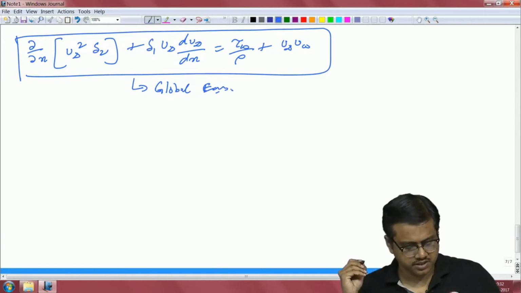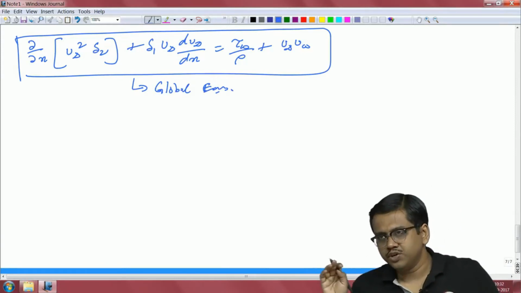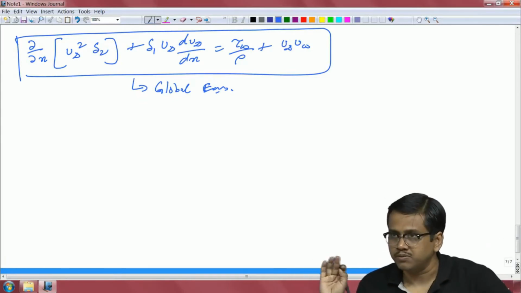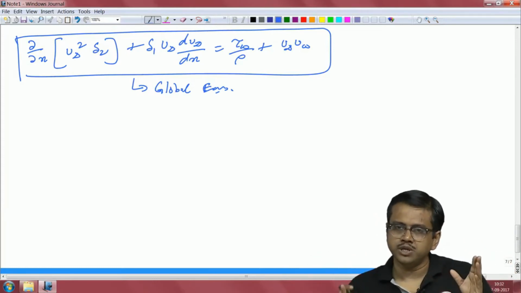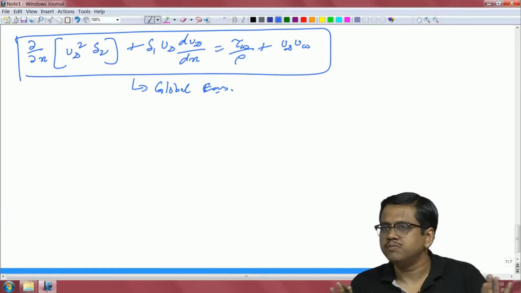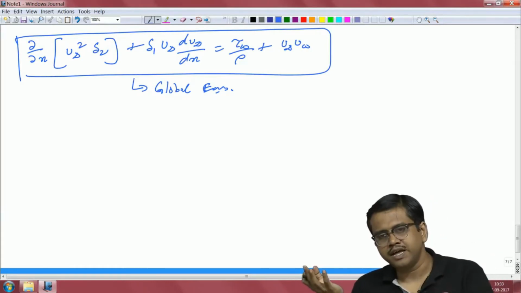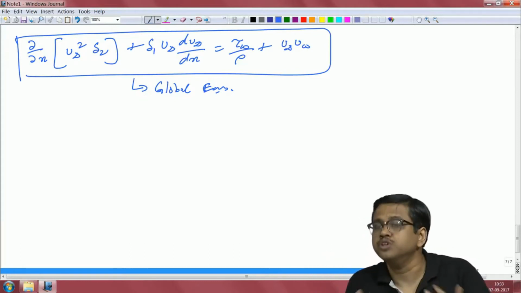Got it? So, this is the global equation, right. So, we have reduced the differential equation to an integral form. So far this particular equation is exact, there is no problem. We have not assumed anything. So, if you take a differential equation, you can arrive at this form without much of an assumption. Whatever is the boundary layer assumption, that is still valid, except that we have not assumed any velocity profile as of now.